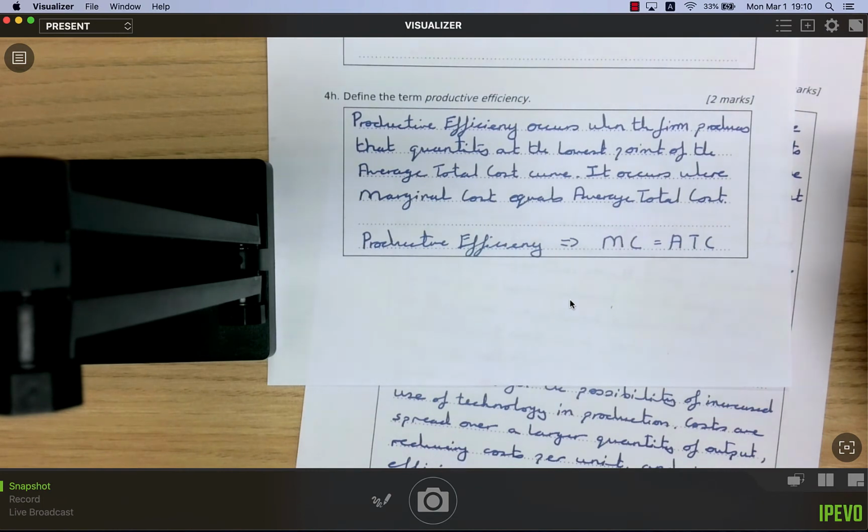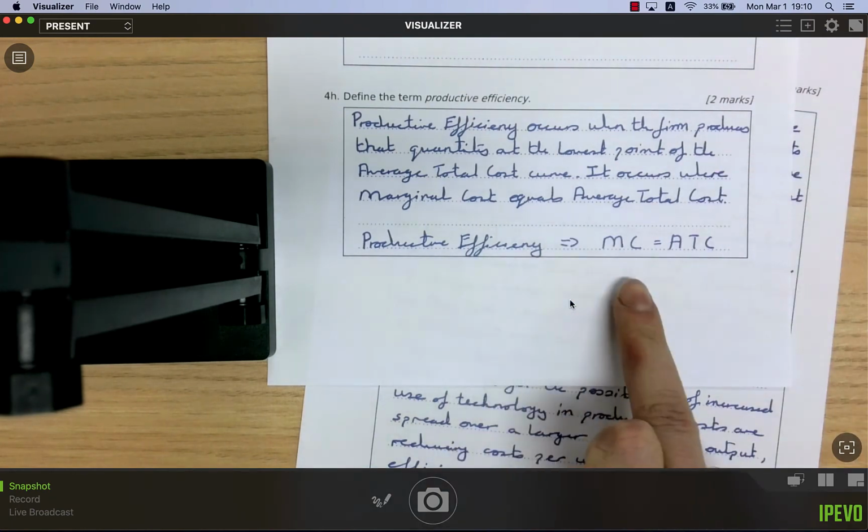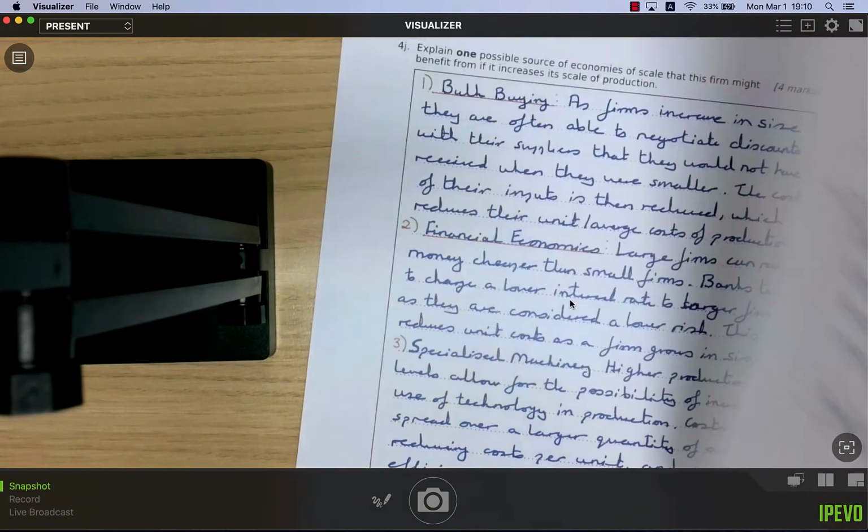That's efficiency, all right? So productive efficiency occurs when the firm produces the quantity at the lowest point of the average total cost curve. Where does that occur? It occurs where marginal cost equals average total cost. So productive efficiency occurs where marginal cost equals average total cost.